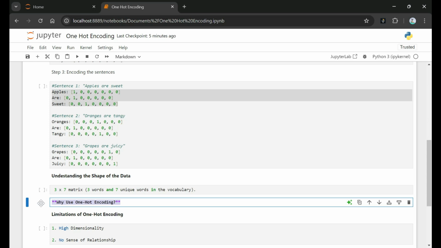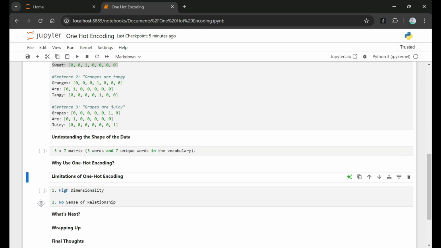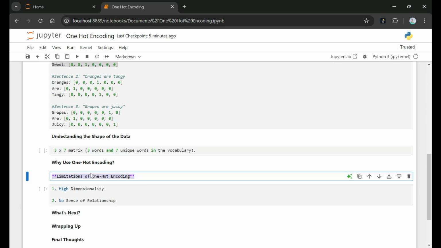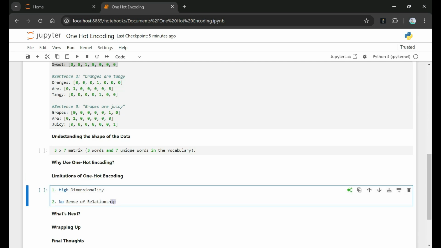So why use one-hot encoding? One-hot encoding is one of the simplest ways to represent textual data numerically. It clearly indicates the presence or absence of a word in the vocabulary for each position in the vector. Definitely there will be limitations. The first is high dimensionality: for large vocabularies, the vectors become huge, consuming a lot of memory.